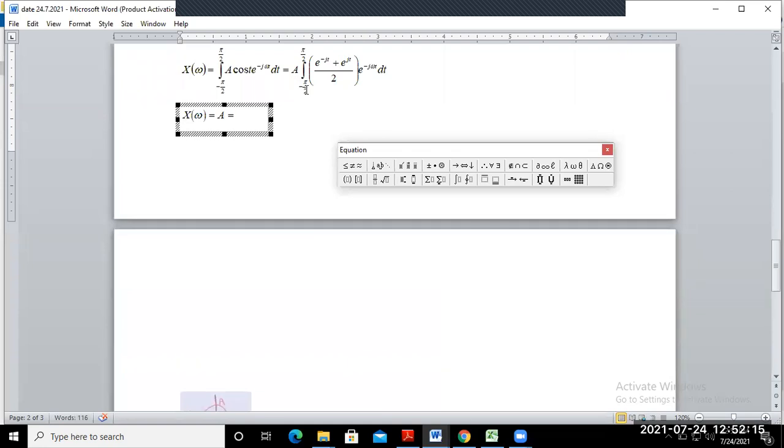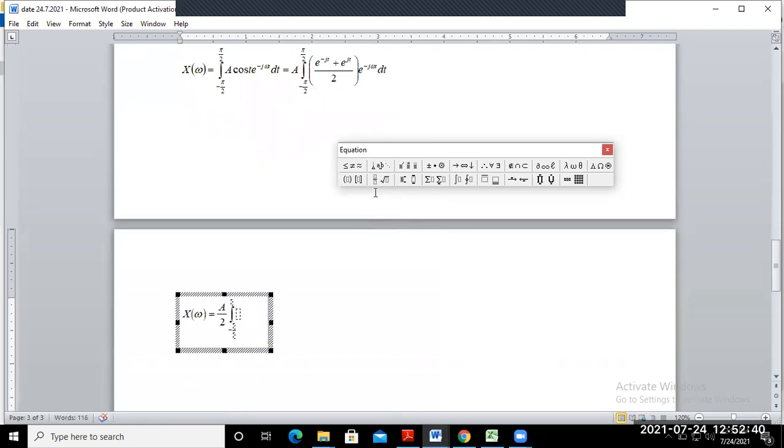So just put here A by 2 integration from minus pi by 2 to pi by 2. So just put here the value of the limit, minus pi by 2 to pi by 2.